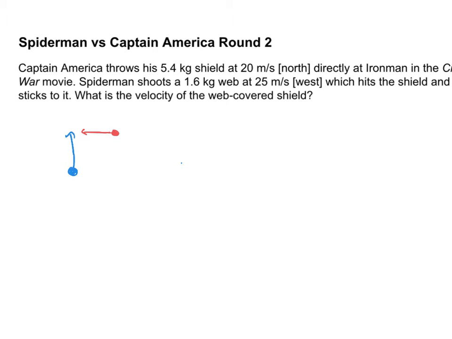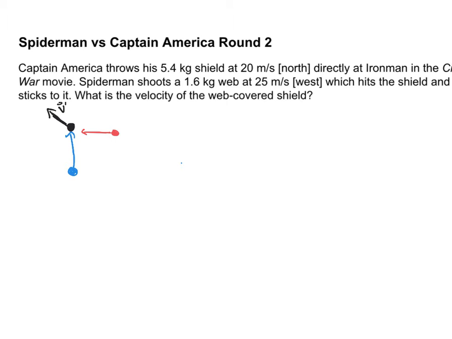They'll get stuck together because the web is sticky, and the union of them is probably going to go somewhere in between north and west, and that's what we have to find out. So I'm going to call this resultant the V prime. No subscripts there because they're stuck together, so they're both going to have the same velocity. So I can just use V prime.